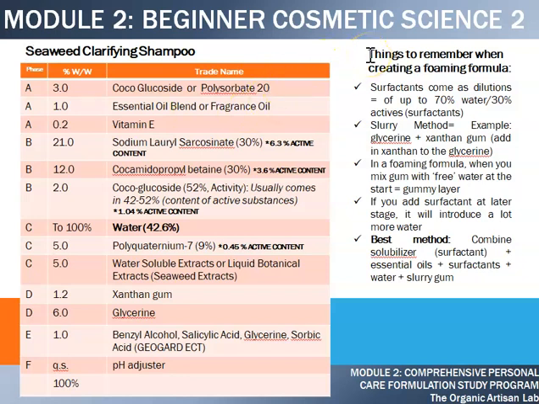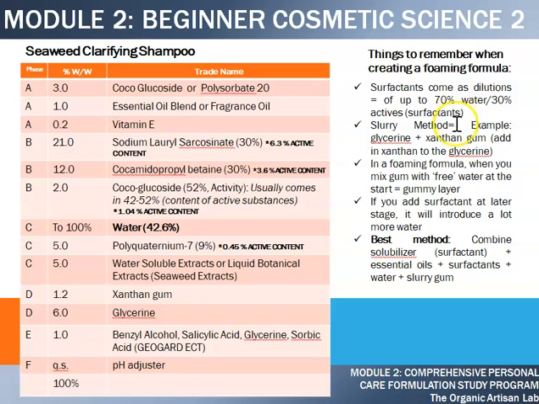Okay, the things to remember when creating a foaming formula. Number one, surfactants come as dilutions. It's usually up to 70% water and 30% active surfactant. I'll be teaching you how to do this later in module 2 so that you'll understand how I come up with this formula.